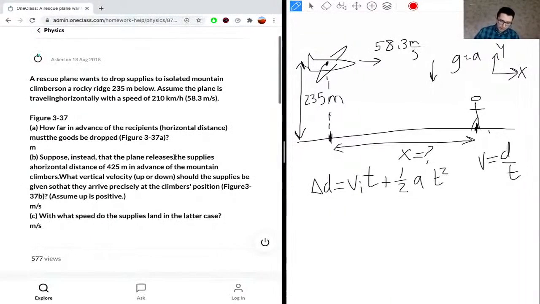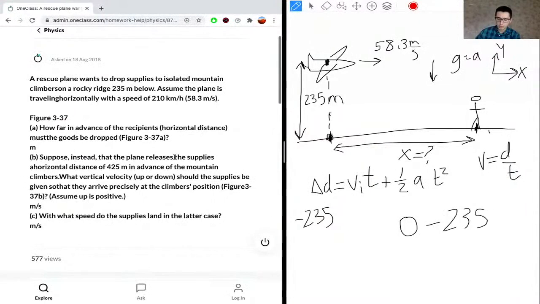So delta d, from the plane to the ground, is negative 235 meters. The negative sign is important because it'll mess up the value if we don't put it in correctly. So we look at the final location and where we're starting from. The final is 0, and we're starting at 235 meters, since the package is going to land at 0. So final minus initial gives us delta d.